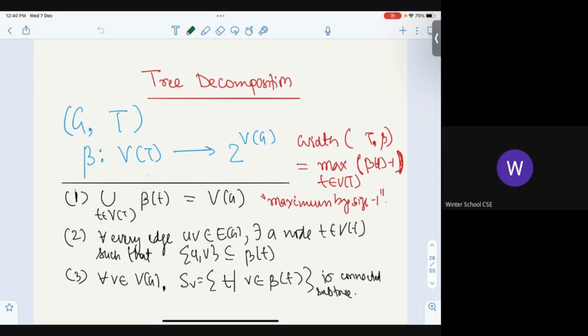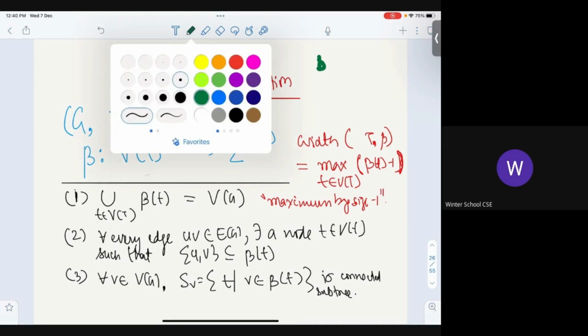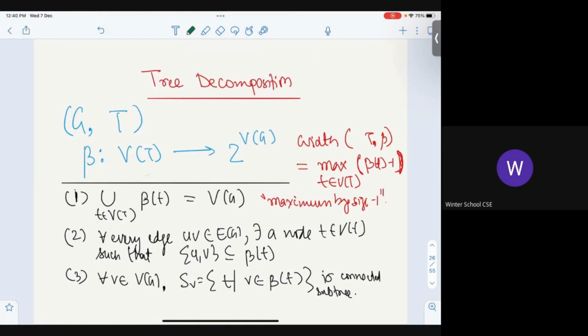So beta of t is called a bag. And 2 to the power VG is all subsets of the vertex set. That's it. Any more questions? Comments?